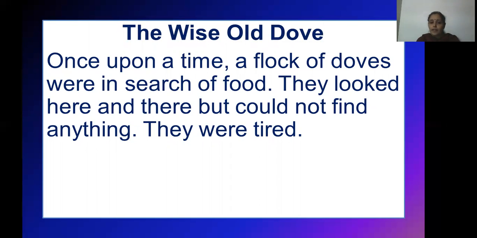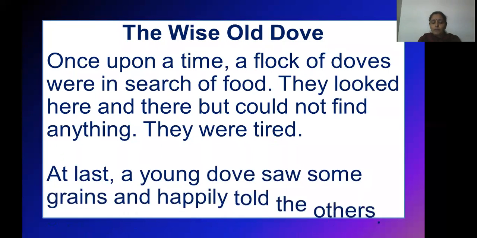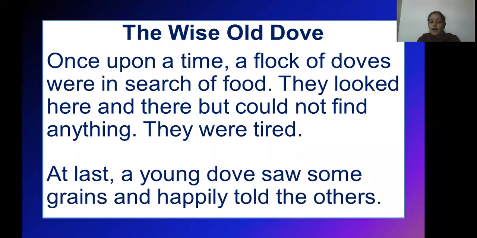They looked here and there but could not find anything. They were tired. The next para, you have to leave a line. At last, a young dove saw some grains and happily told the others. Okay?